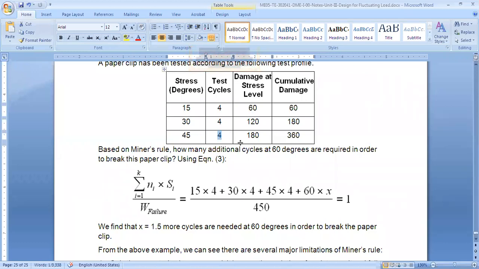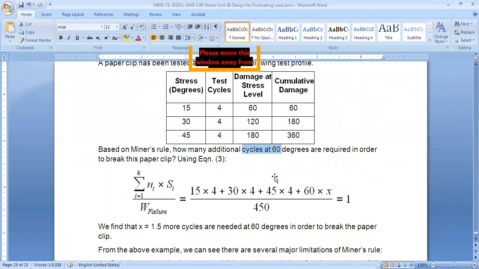In this case, this total is 360 plus 60 into x is equal to 450. So this becomes 60 into 1.5. So x means that at 60 degrees we have to turn it one and a half turns.